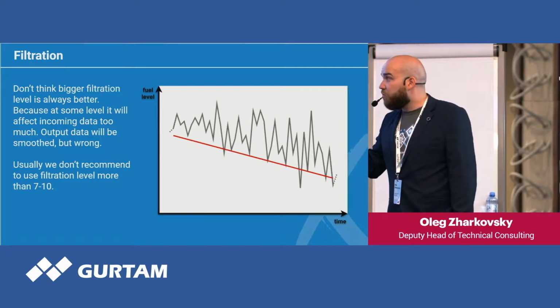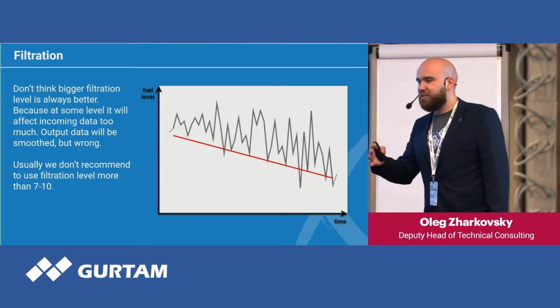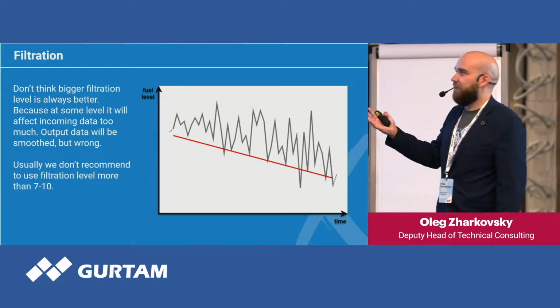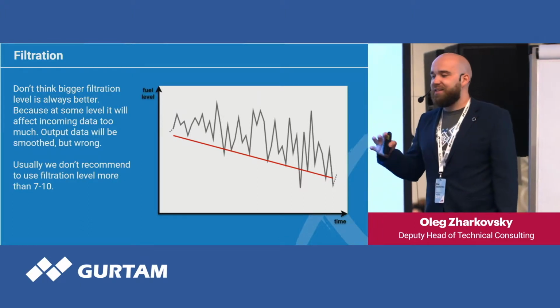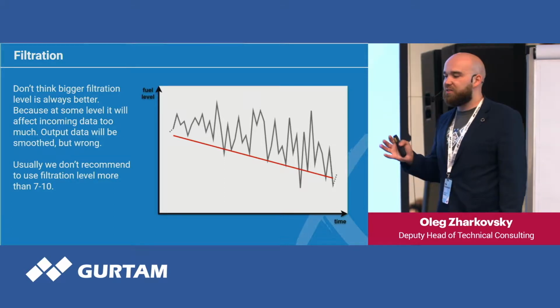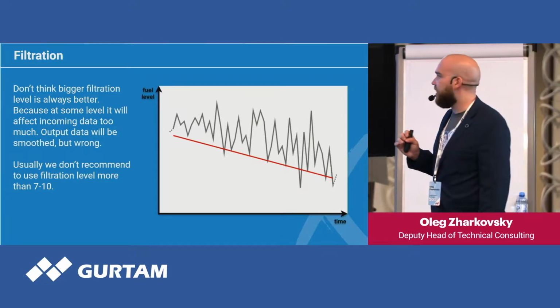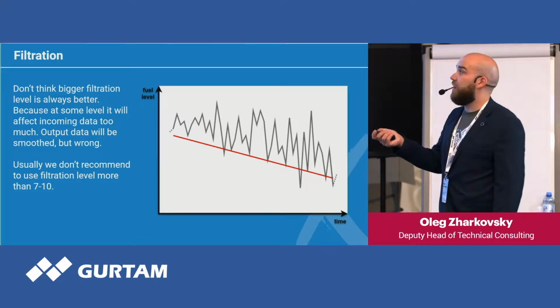But probably you think that if there is a filtration, then you can add as high a level as you want, and it will be the easiest way to get a good result. But it's not, because if you set too big a value of filtration level, then the data will be wrong on the output.